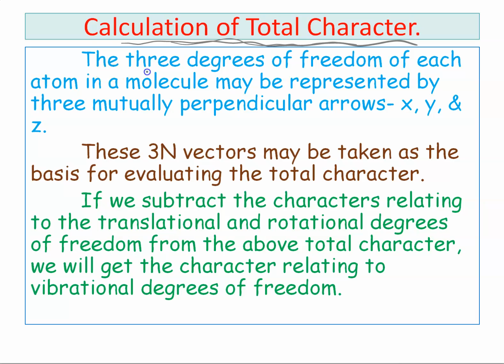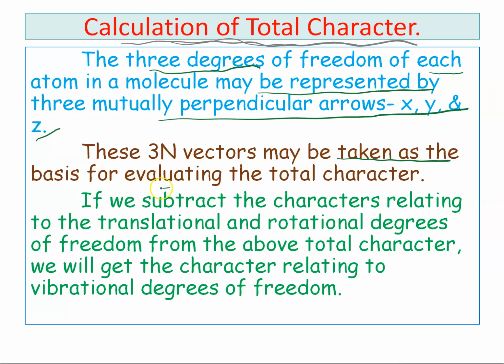The 3 degrees of freedom of each atom in a molecule may be represented by 3 mutually perpendicular arrows, x, y, z. That is, each atom has 3 degrees of freedom, represented by the Cartesian coordinates or the 3 vectors x, y, z. And these 3n vectors may be taken as the basis for evaluating the total character.